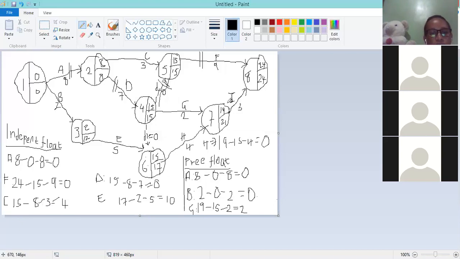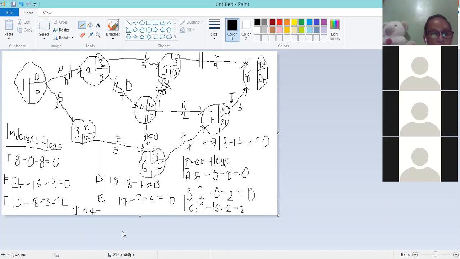Again, we can try to compute for an activity like I here. It was a non-critical activity. For I, how do I get the independent float? I'm going to take this 24 here, which is the earliest event time of number 8. I'll minus 19, this 21 here.